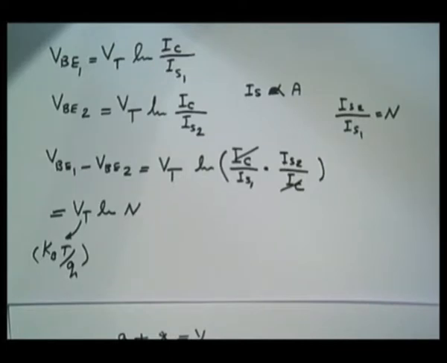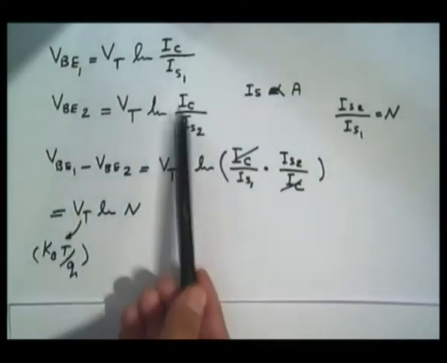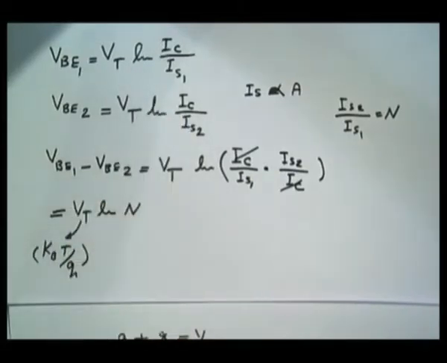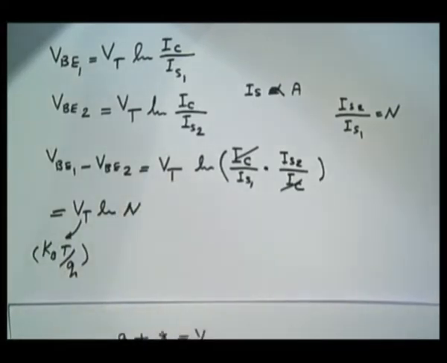We can fabricate a transistor with a given value of area for the emitter. So if I can generate this difference somehow and force two transistors to have the same collector current, then I can develop this Vt ln N. So this is the basis of the bandgap reference generator. And N is a constant value.